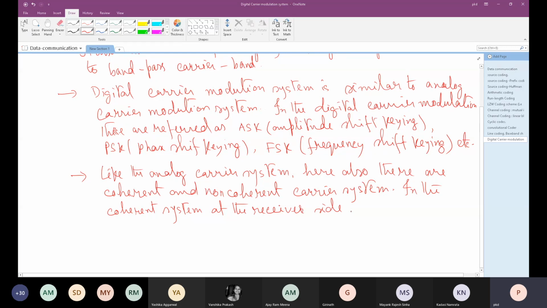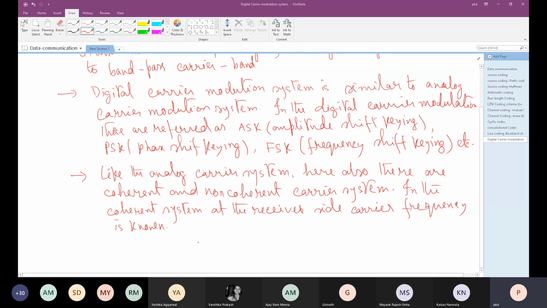At the receiver side, the carrier frequency is known. So there are certain advantages if the carrier frequency is known.